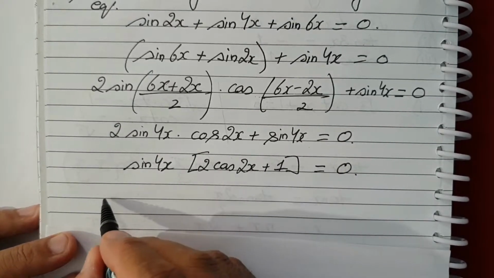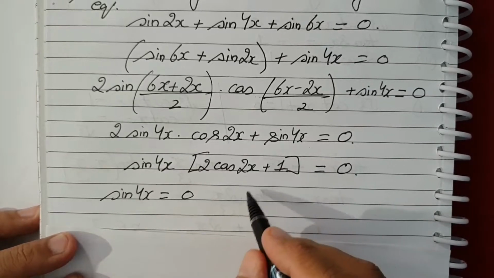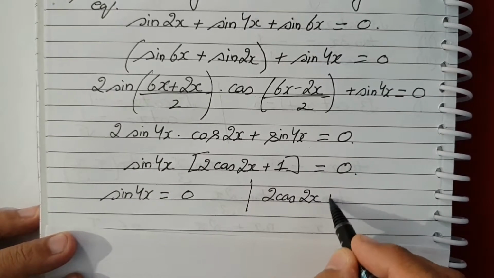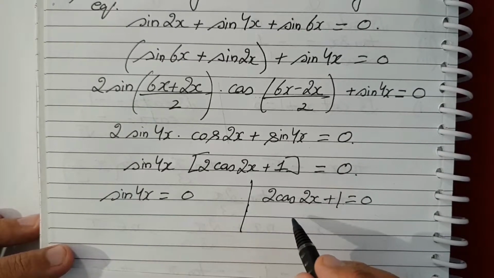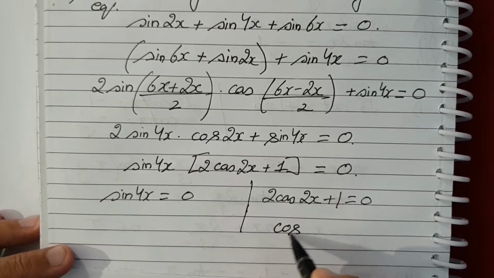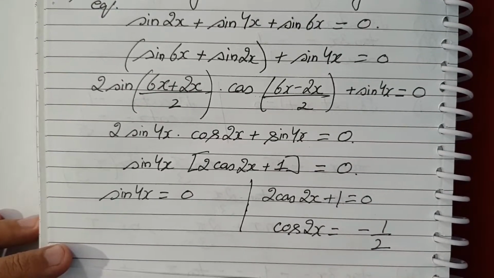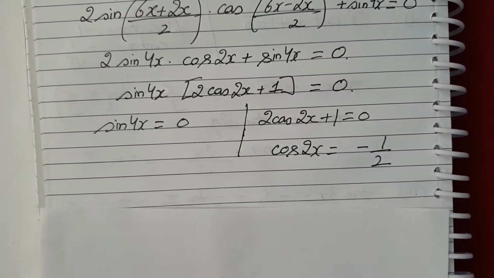Now we can write either sin 4x equals 0 or 2 cos 2x plus 1 equals 0, or you can write this as cos 2x equals minus 1 by 2. Now look, first of all sin 4x equal to 0.